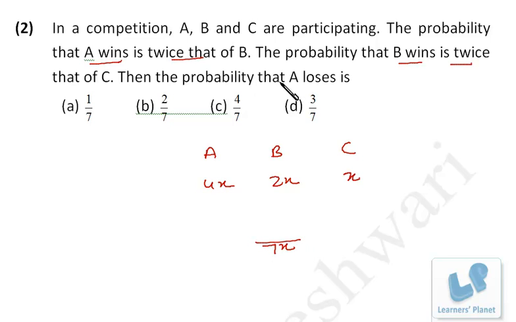Since we have to find the probability of losing of A, the probability of winning of A is 4 out of 7, so losing will be 3 out of 7, right? I hope you are clear. Because this is a biased event, we have to be careful about individuals' probabilities, right?